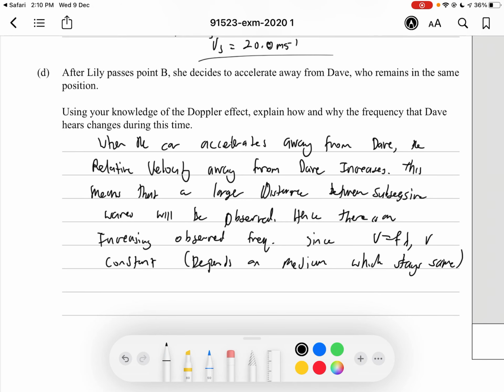So since V is constant, lambda is proportional to 1 over F, meaning the observed frequency will gradually decrease.